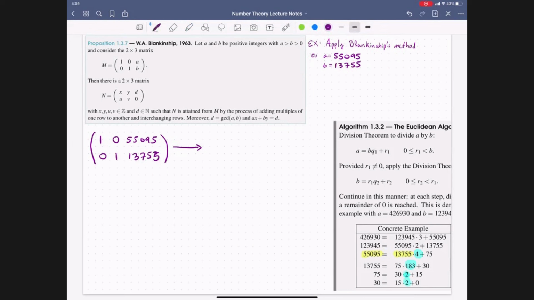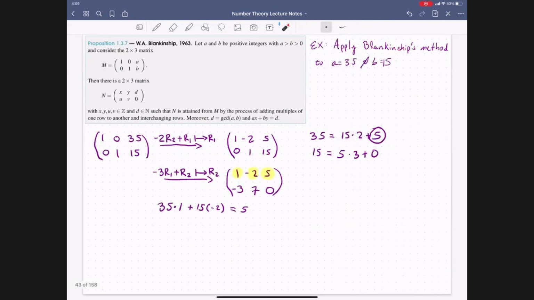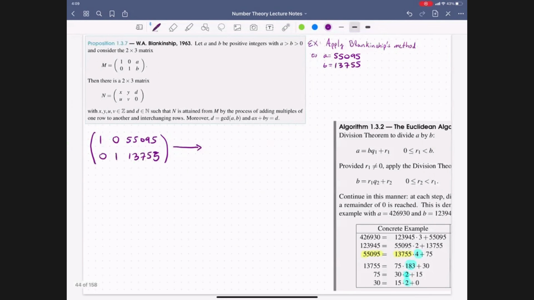So let's go ahead and do negative multiples in alternation of those. What do I mean by that? In the same way that in this example, we multiplied row 2 by negative 2, we're going to start off with row 2 and multiply by the negative of negative 4. So we're going to do negative 4, row 2, plus row 1, and then replace row 1.